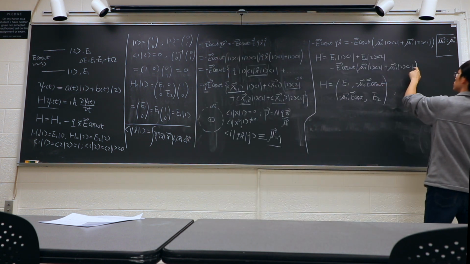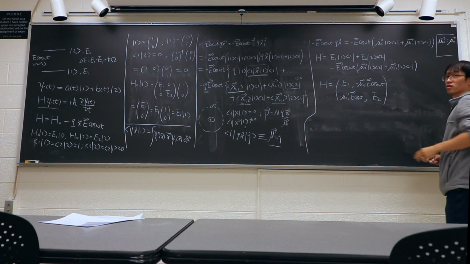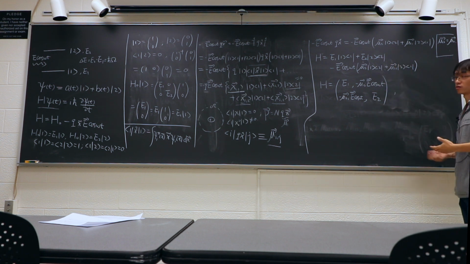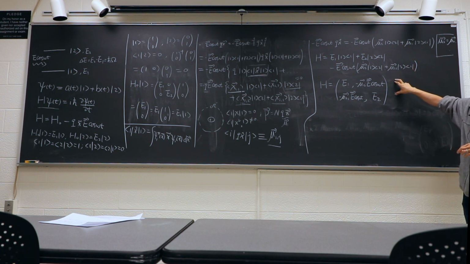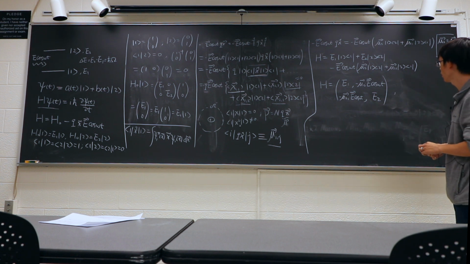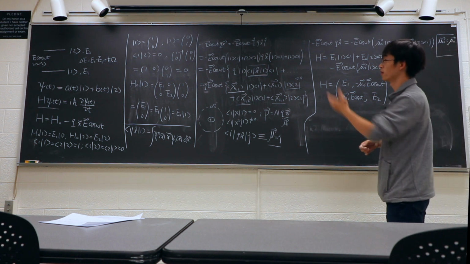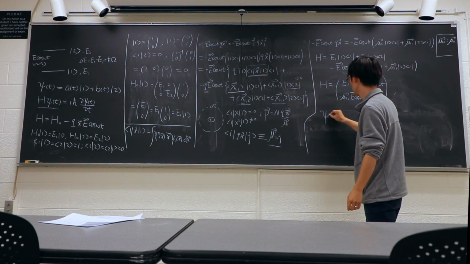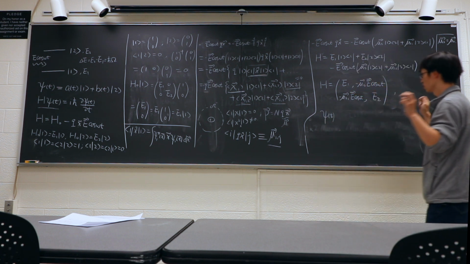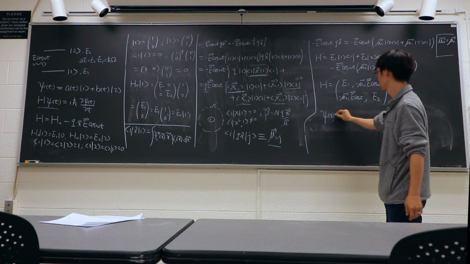All these inner products are either 0 or 1, so you can already use this for calculation. But I don't want to carry all this, and also in a lot of papers, people don't write it in this way. They write it in a matrix form because it's simpler. So we need to write down the wave function in a vector form, right?